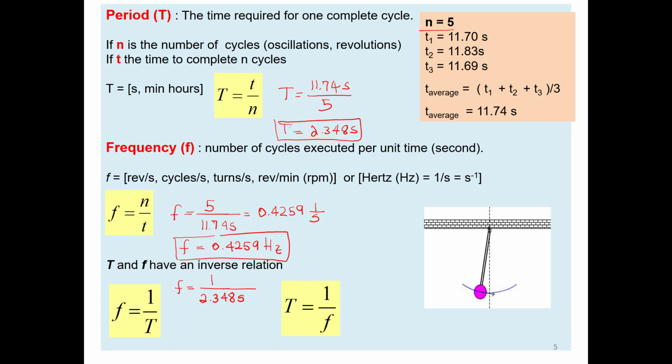If you divide this, you will get a frequency of 0.42 hertz. That is the same value we had here. And these are two more variables that we need to know if we want to describe any vibrational motion.